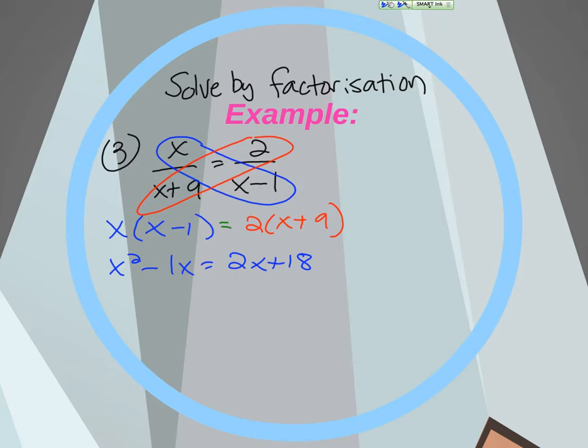Now that's looking like a quadratic because I've got x squared, I've got some x's, I've got a number. So I'm going to bring everything over. So I've got minus the 2x and minus the 18. So I've got x squared minus 3x minus 18 equals 0.